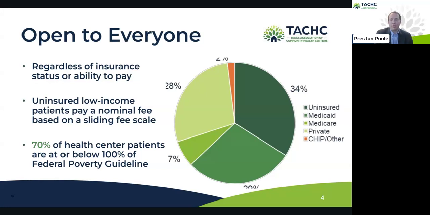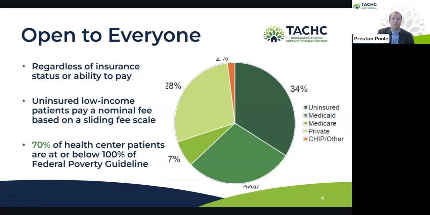A note on our private insurance is that we saw a large uptick in private insurance patients in 2024, and our assumptions around that are that patients who maybe were disenrolled from Medicaid were able to take advantage of the enhanced premium tax credits and then enrolled in private insurance and came to health centers with that new insurance. So obviously we are paying attention closely to the ramifications around that policy issue.